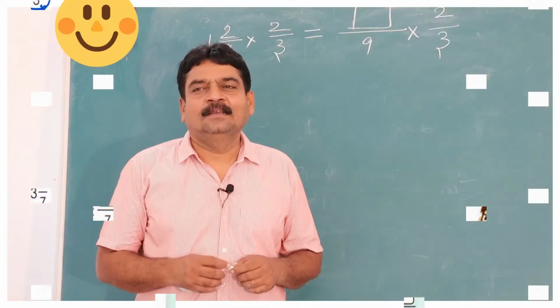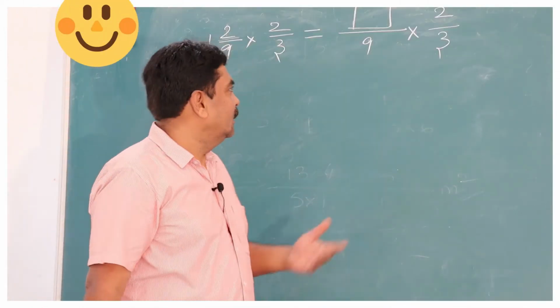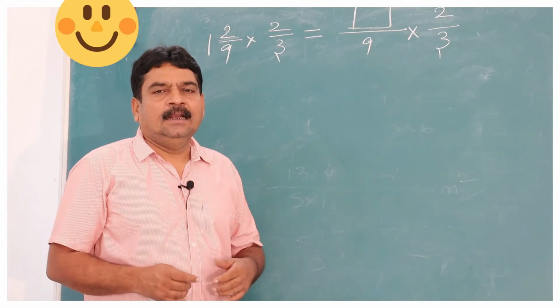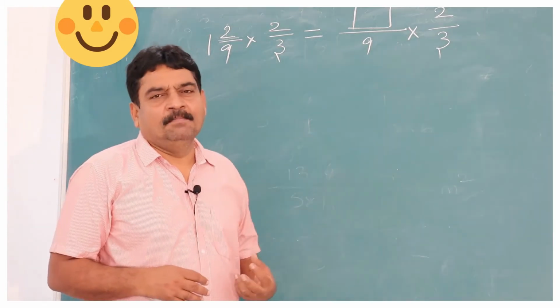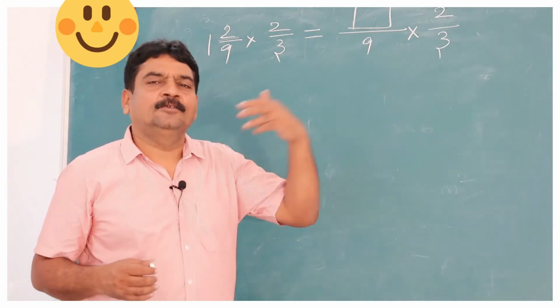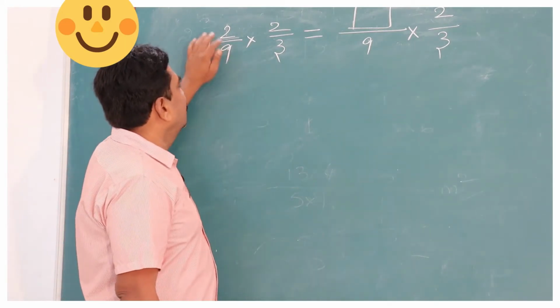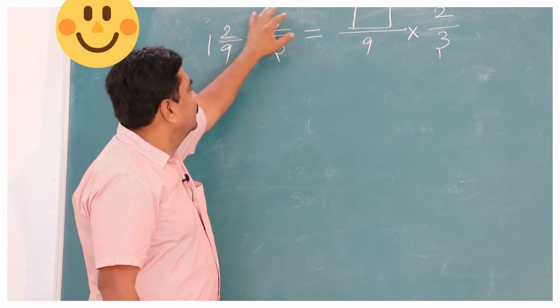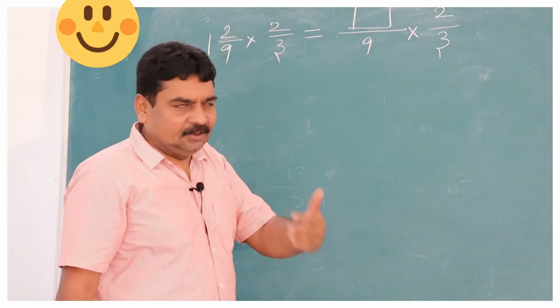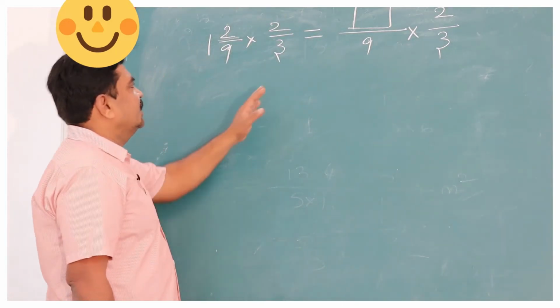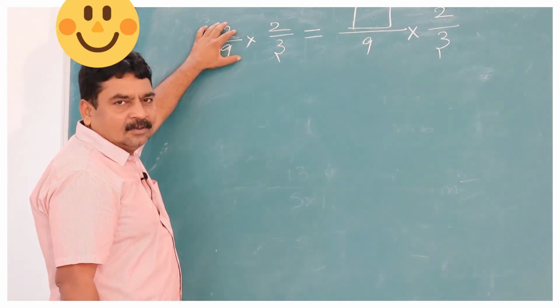Next question now. As you have seen in the earlier question, a mixed number was multiplied by a whole number, but in this question a mixed number is multiplying with a fraction. So in such a case, first you convert the mixed number into a fraction.